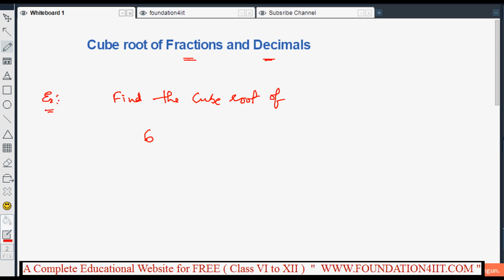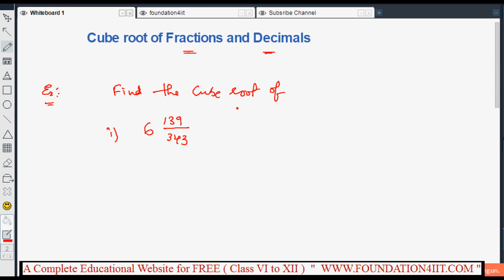So I'm taking one fraction, 6 139 by 343. So this is a mixed fraction. Now this mixed fraction you have to convert into an improper fraction first, then you try to find out the cube root. So we need to find out the cube root of this.